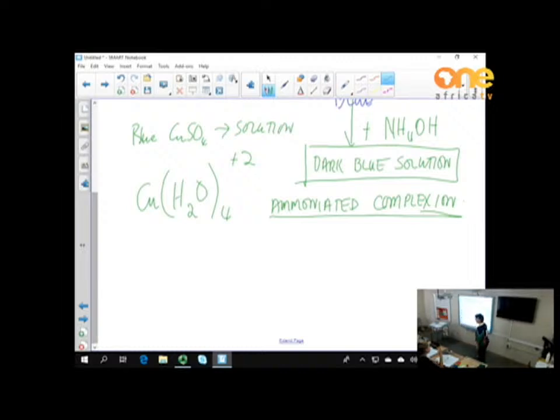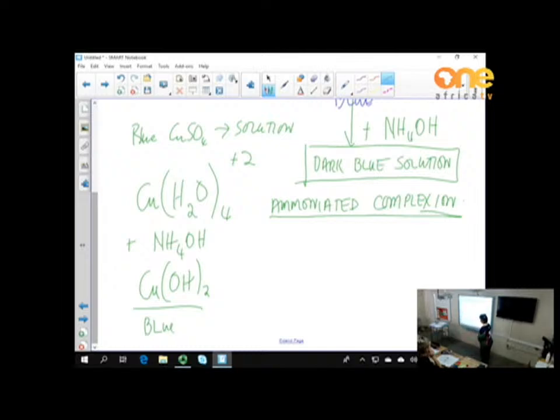When we add sodium hydroxide or ammonium hydroxide to it, let's take the ammonium hydroxide, we get the insoluble copper hydroxide that is formed, and this stuff is blue.